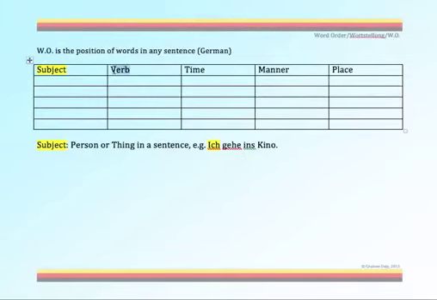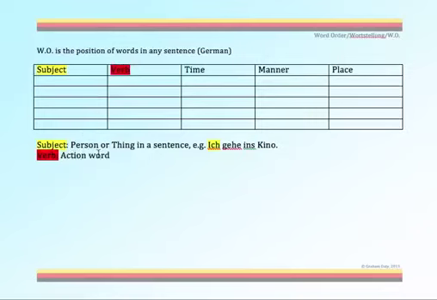Now the next part of this German sentence is the verb. This is self-explanatory, we all know what this is. Again I'll put it in the same size here so that you can see it properly. So the verb.